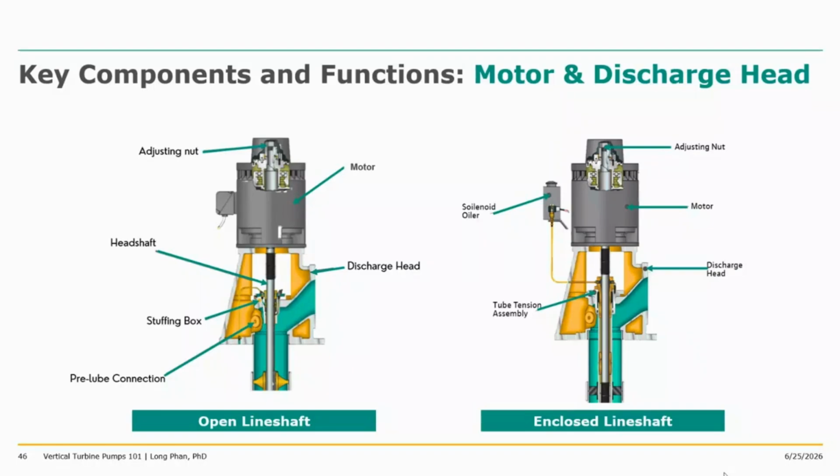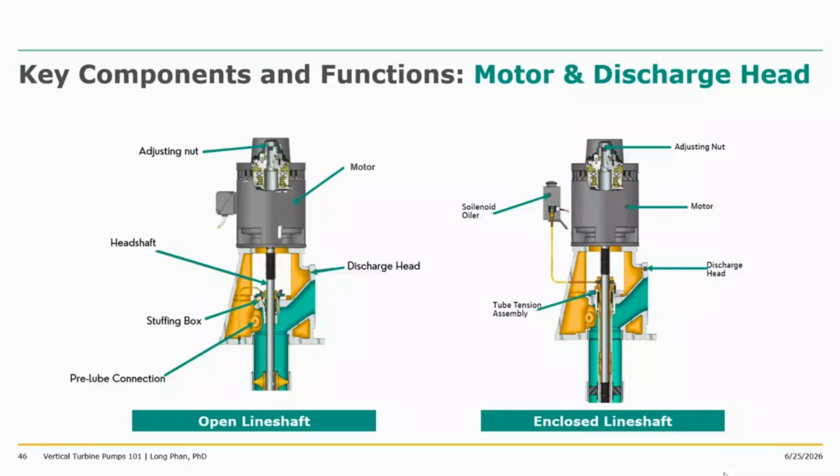On the enclosed line shaft, you will have a tube assembly there. Both of them have motors on top. The adjusting nut is there to show, depending on the type of motor you are selecting. If it's a vertical hollow shaft, you will need an adjusting nut. For a vertical solid shaft, you don't need it, and you don't need a head shaft either.